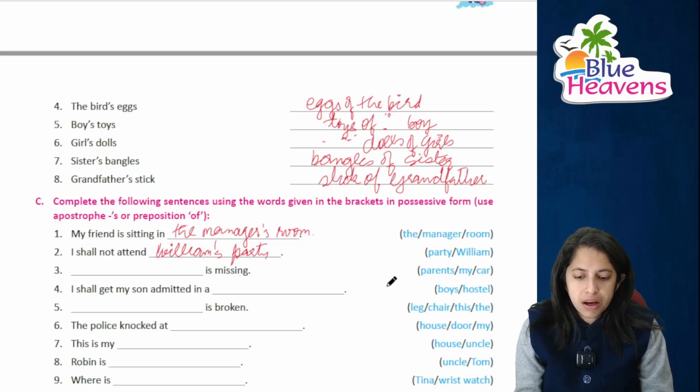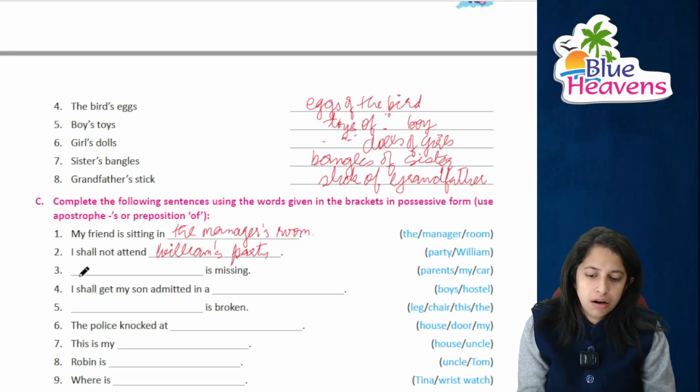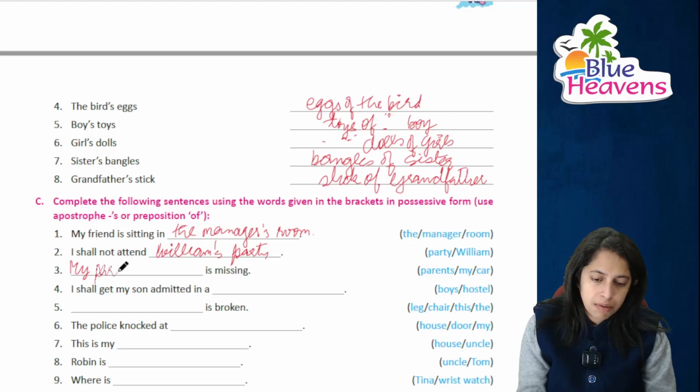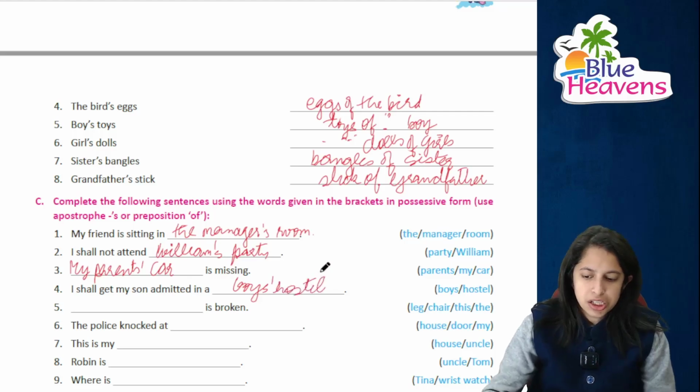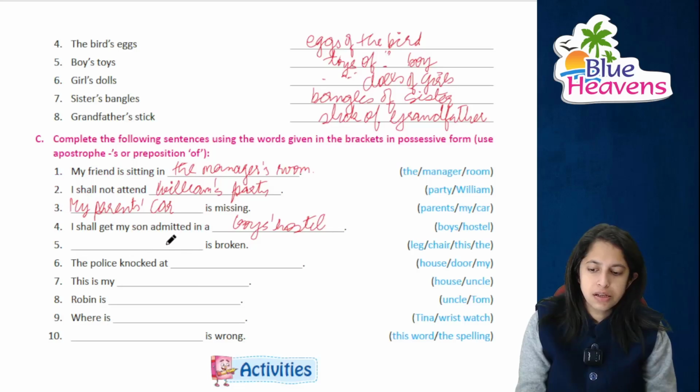My parents' car. आप देखिए ऐसे लिखिए, एक तो M capital इसलिए आएगा क्योंकि it's the beginning of the sentence, आप लिखेंगे my parents', already s आ चुका है इसलिए ये होगा, right. I shall get my son admitted in a boys' hostel. देखिए boys में already s है इसलिए हमने ऐसे लगा दिया. The leg of this chair is broken.